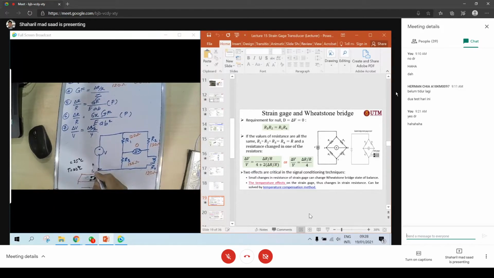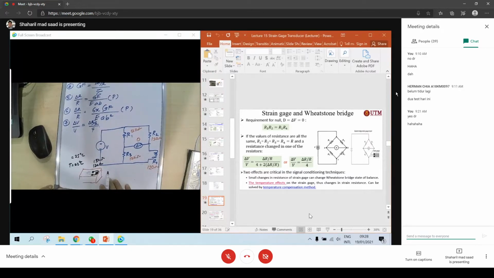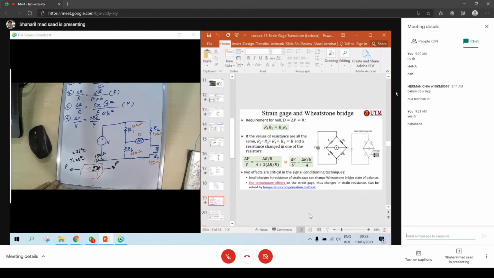It may change to maybe 130 ohm, for example.